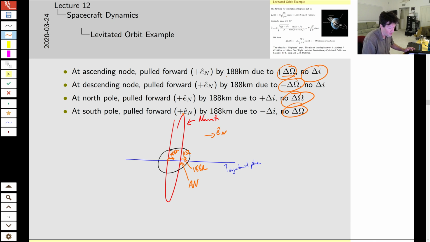Now if we go back to our orbit here, at the North Pole, we've increased our inclination, so we actually pushed it a little bit that way. And at the South Pole, our inclination is decreased, so we've been pushed that way slightly. I think I've got my numbers backwards here.